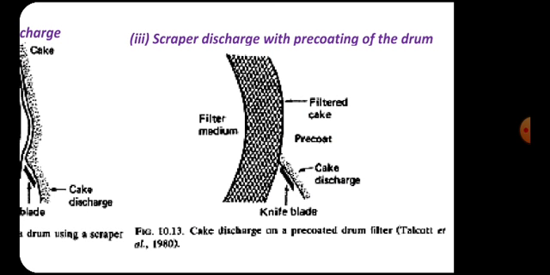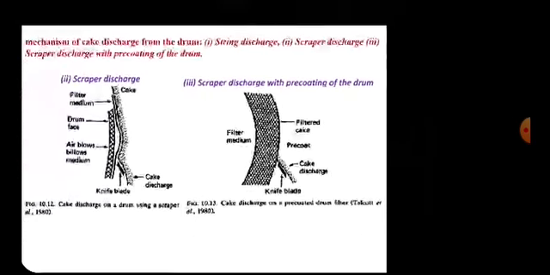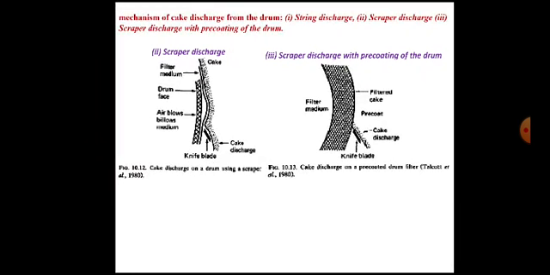So whatever impurities, solids are trapped in diatomaceous earth, they can be scraped off by this knife blade while the drum is continuously rotating. So this is how the resistance to flow can be avoided, and the rate of filtration can be improved by using this type of technique.